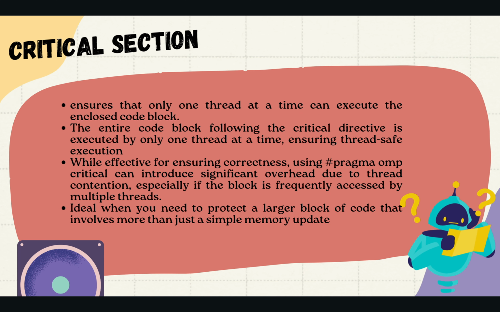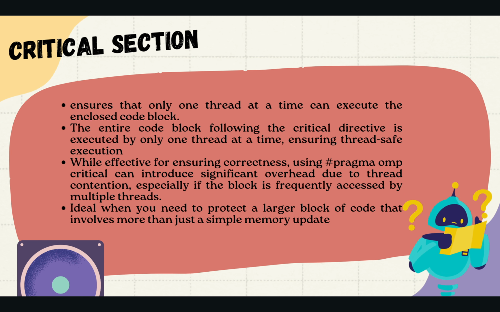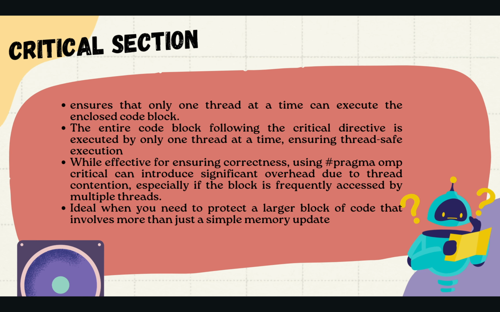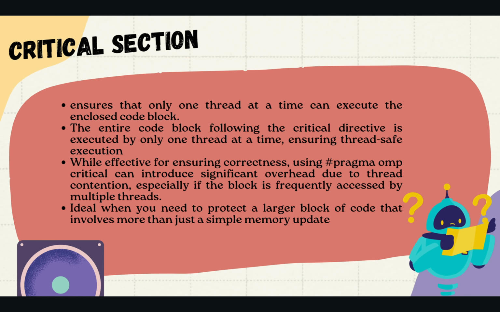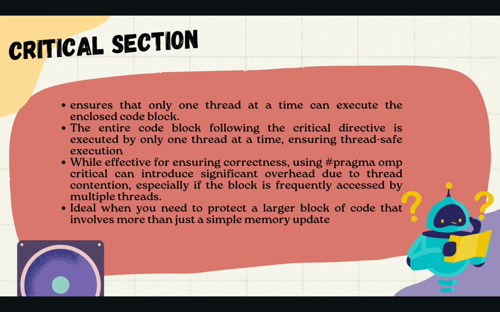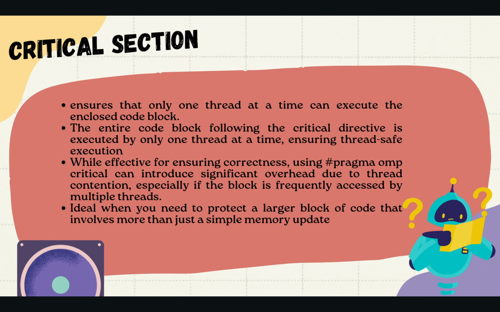A critical section ensures that only one thread at a time can execute the enclosed code. The entire code block following the critical directive is executed by only one thread at a time, ensuring thread-safe execution.